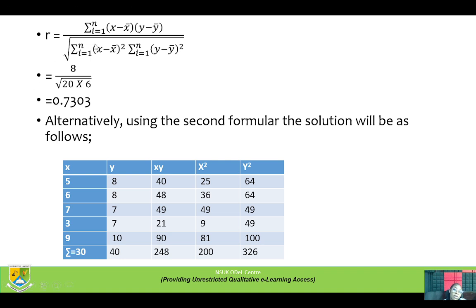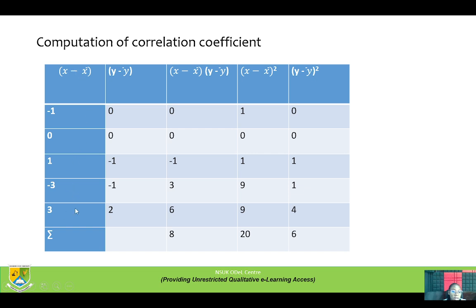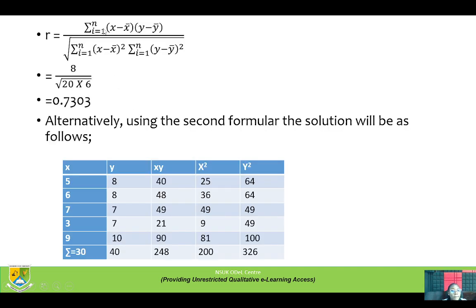So going by the first alternative of formulae, from our table, we could see the multiplication of summation of x minus x bar times y minus y bar.